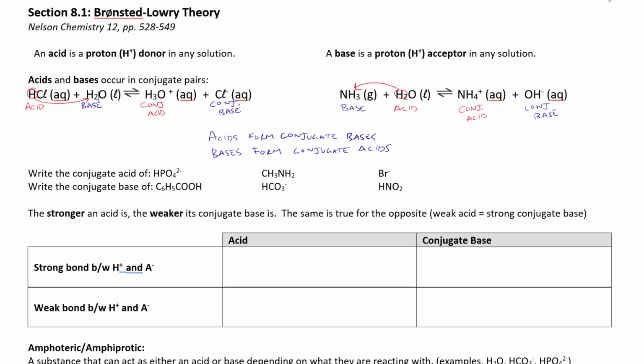So write the conjugate acid of HPO4 2-. So the conjugate acid would be, once it has accepted a proton, it can become, so we show it having accepted another proton, it can then further donate a proton after it's accepted it.